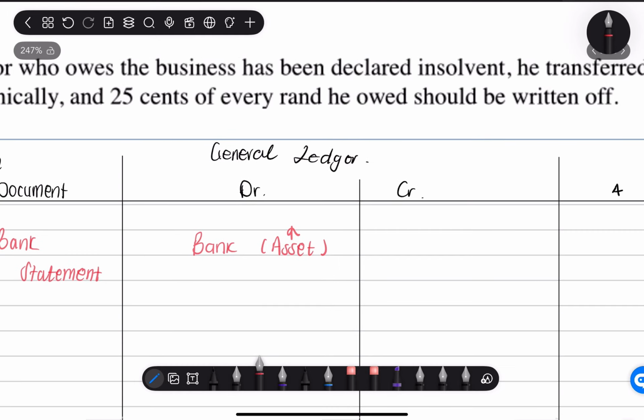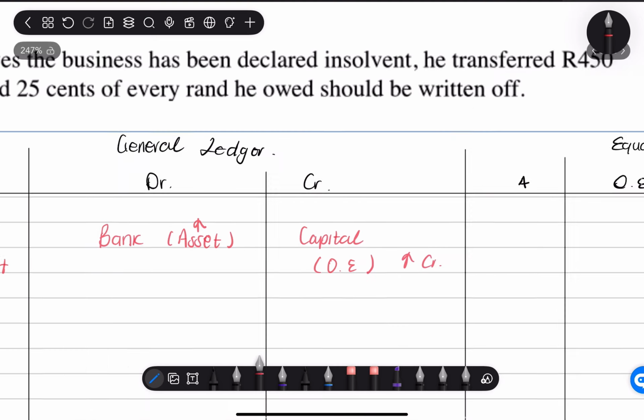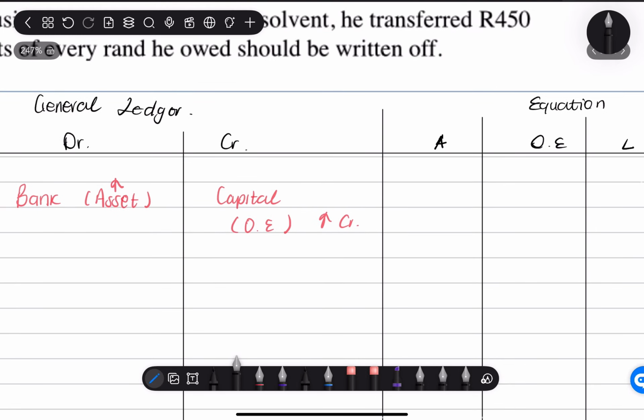And then what else? His capital account. Capital is an owner's equity account. Owner's equity increases on the credit side, and that's why it's on credit. So we are saying, this is an asset, increase asset of how much?